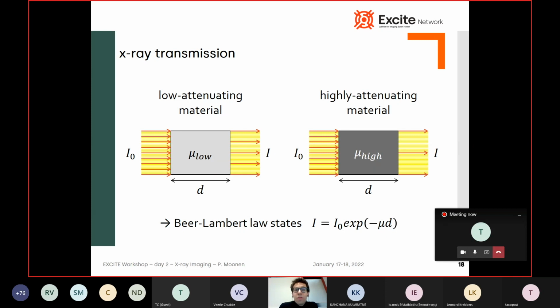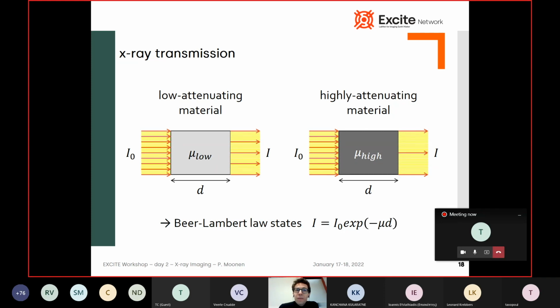Mu is the attenuation, which is material dependent, so a higher density material will attenuate more, and d is the path length. If you traverse a thicker sample, then obviously less light will make it through. That is one of the most important laws, and it underlies everything related to reconstruction, which will be discussed afterwards.